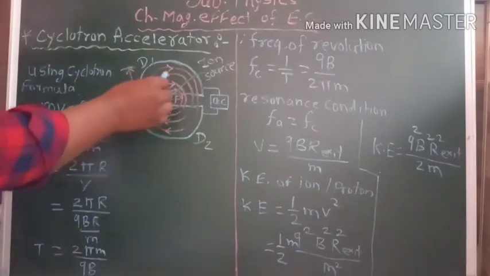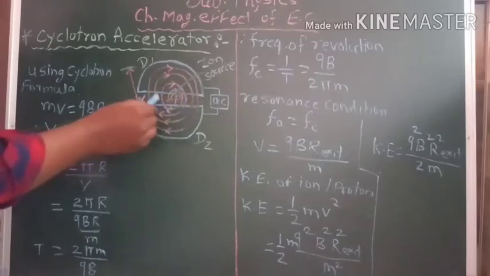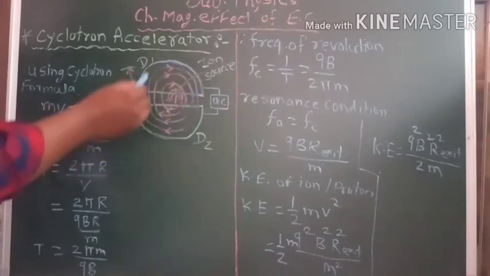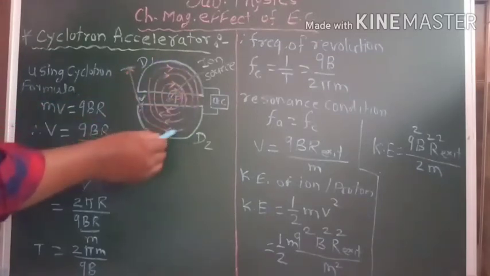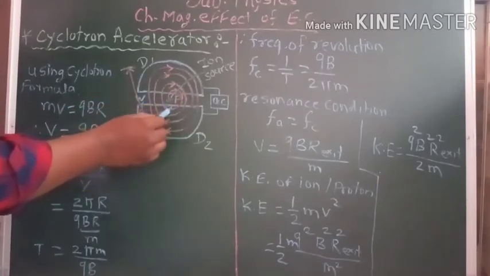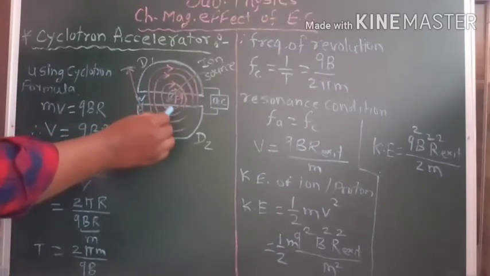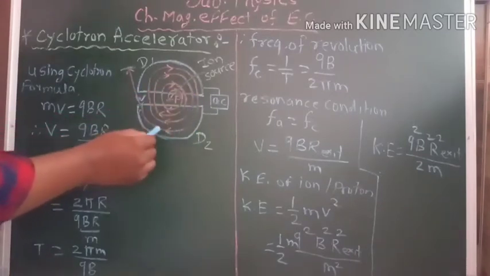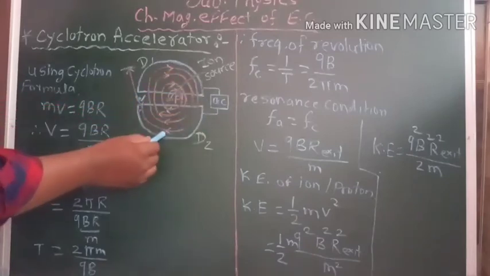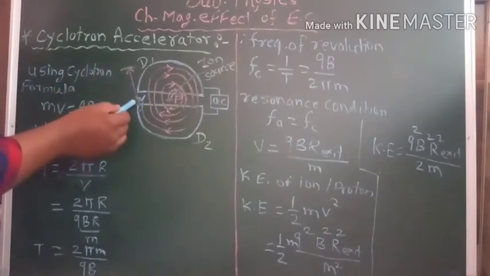It produces high velocity while accelerating the charged particle between these two Ds, and the speed increases with increasing radius. Firstly its radius is r, then a larger one, and so on, until its last radius, at which the beam moves out through the window.